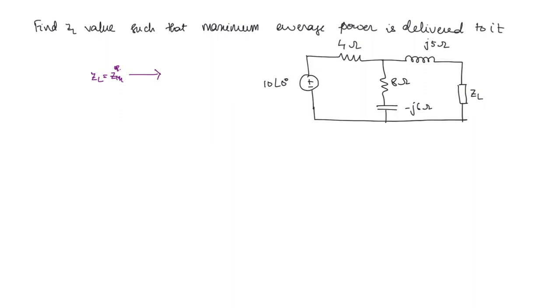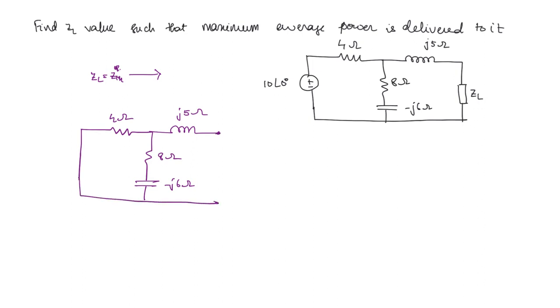So in order to find ZTH, we have to turn off the independent sources. So we are shorting the voltage source. Here you have capacitor, this is 8 ohm, minus J6 ohm, J5 ohm, and through these terminals you have to find out ZTH. Okay. So what are you getting here?